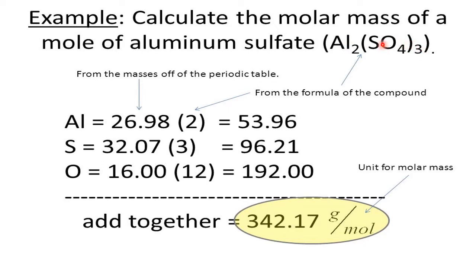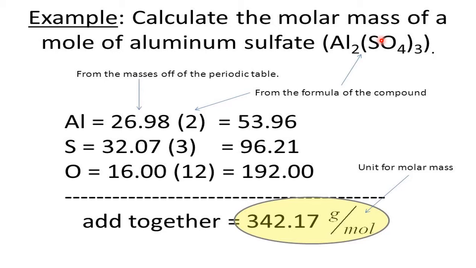Because this is a polyatomic ion, I told you to put a bracket so that this 3 belongs to both sulfur and oxygen. Why not put a bracket for aluminum? Because it is a monoatomic ion, so no need for a bracket. Only for the polyatomic ion, it is better to put a bracket so that there is no confusion. That's why it is written Al2(SO4)3. This is the molecular formula or the chemical formula of aluminum sulfate.